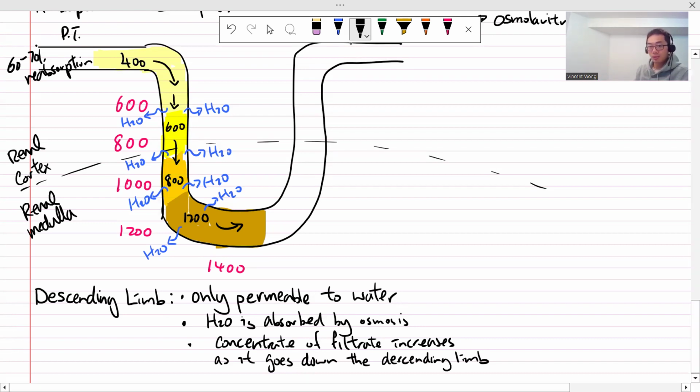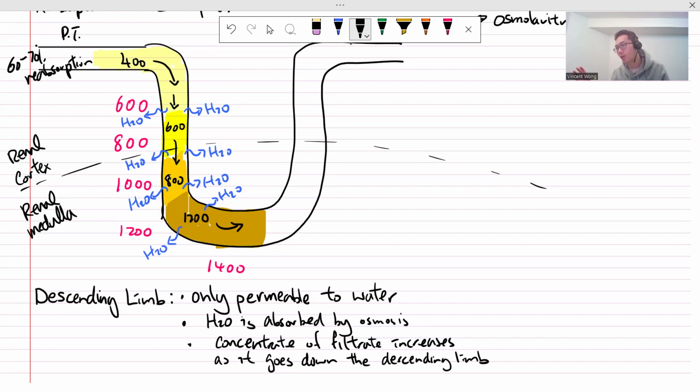Diluted. That's the other way around, guys. If you want to conserve water, your pee should be very concentrated, right? Concentrated means it doesn't have a lot of water in it, right? Make sense? If you want to conserve water, you want to keep the water in the blood and not in the urine, right? Not in the pee.